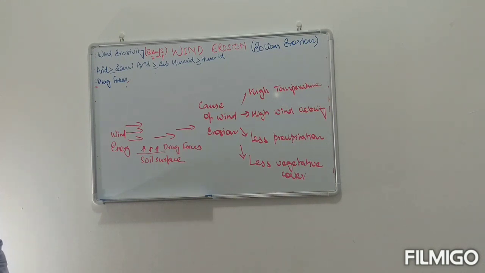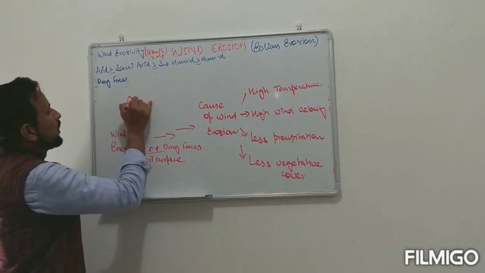So what do you say? To measure these wind erosion processes, there are certain models that have been developed. Mostly wind velocity is being measured by certain instruments called anemometer.